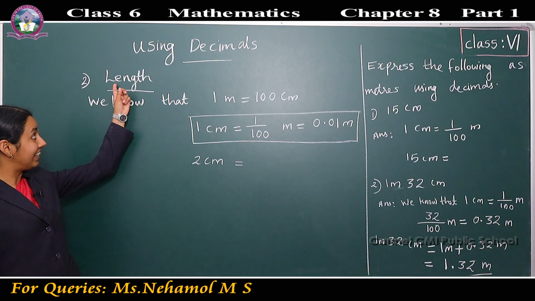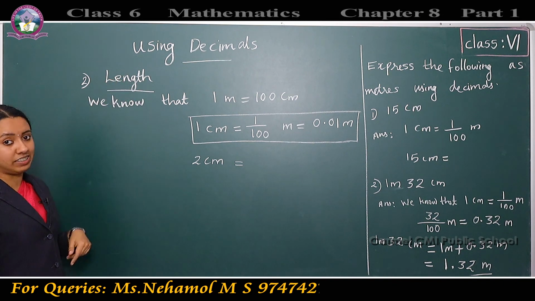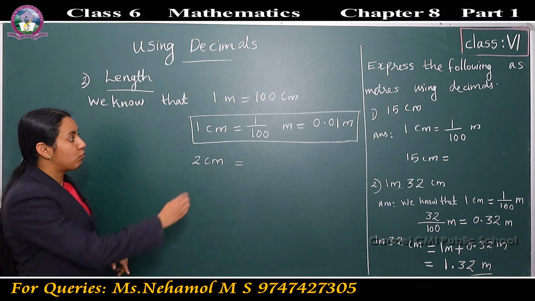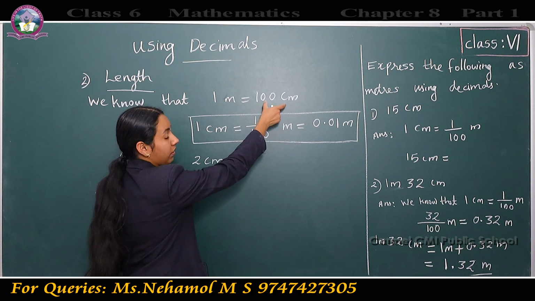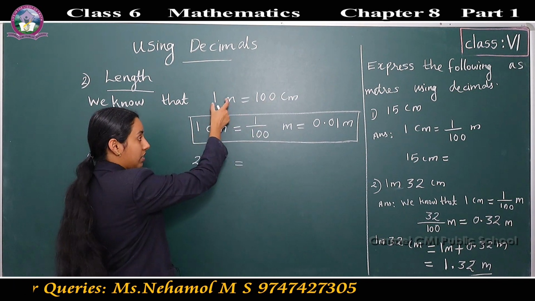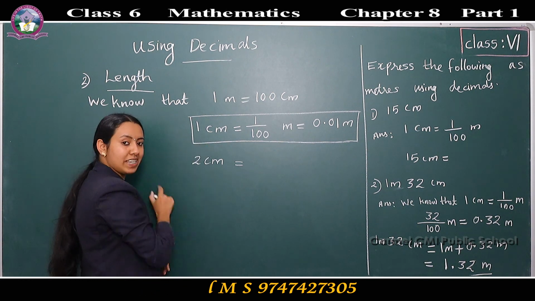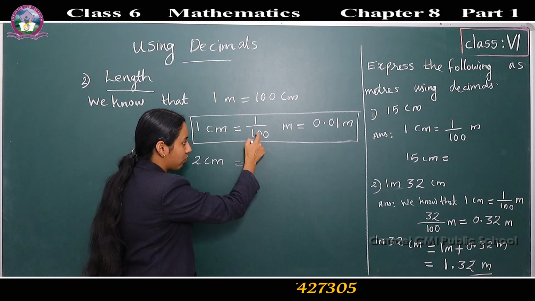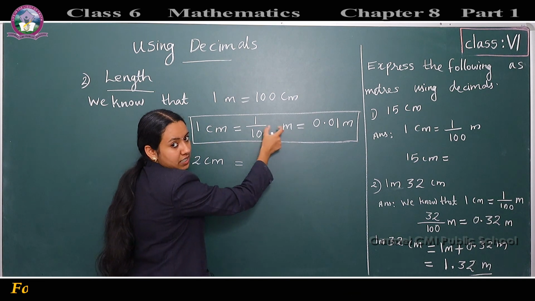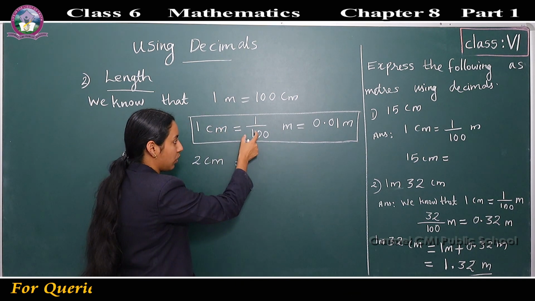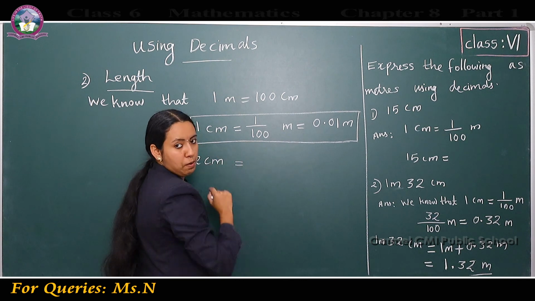Next usage is length. In the case of length, we know that 1 meter is equal to 100 centimeter. Then 1 centimeter will be equal to 1 by 100 meter.